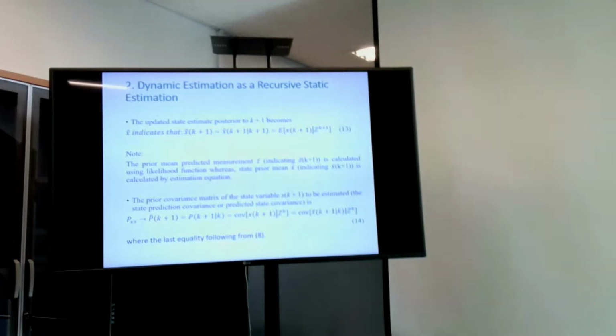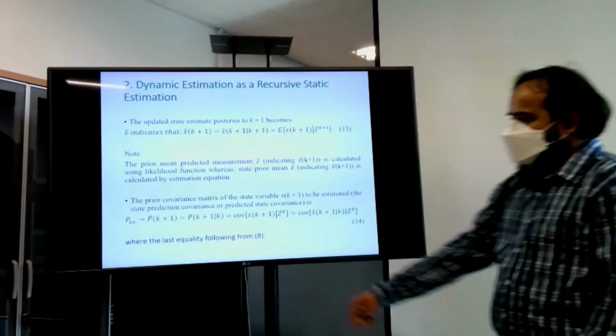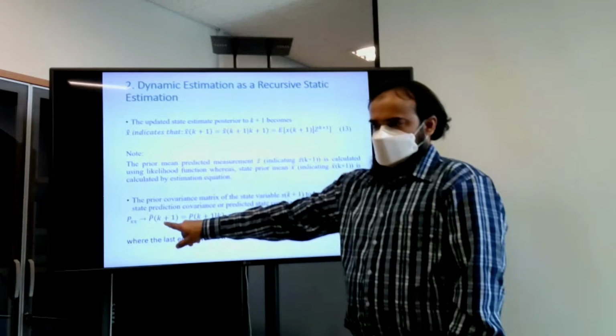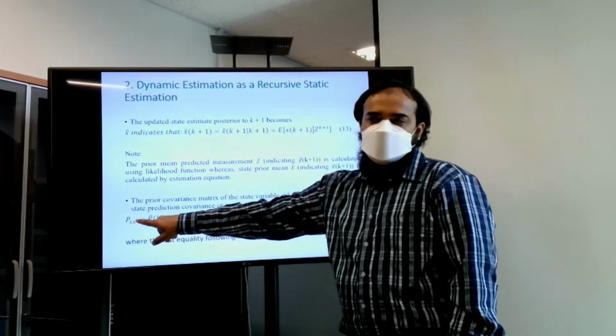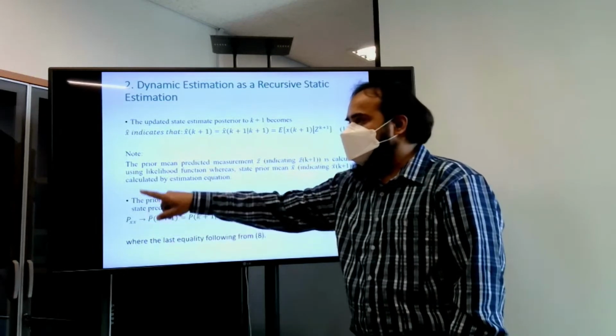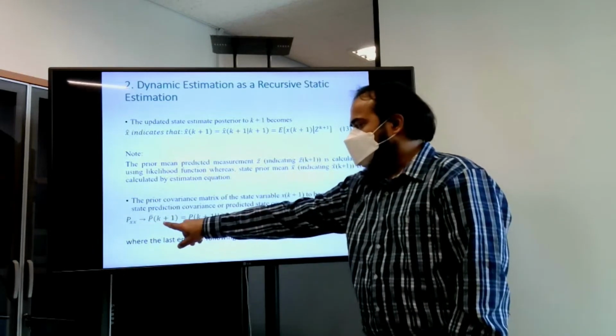So Pxx stands for covariance. This means the prediction covariance, and the next is k plus 1.